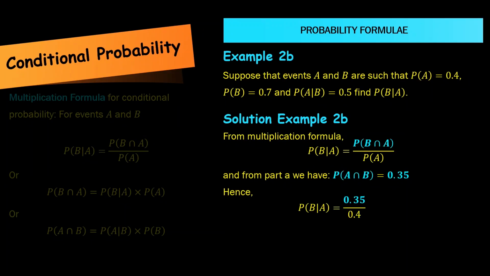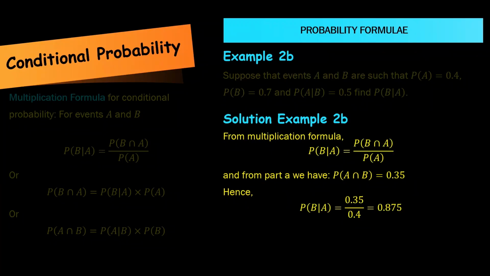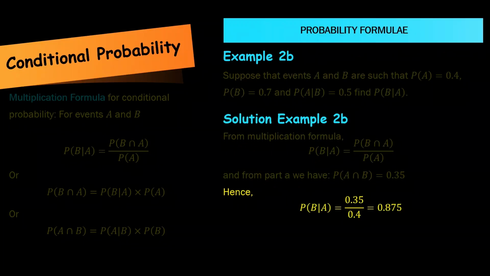And we have that the probability of A equals 0.4, so we plug that in. And dividing, as shown, gives us that the probability of B given A equals 0.875.